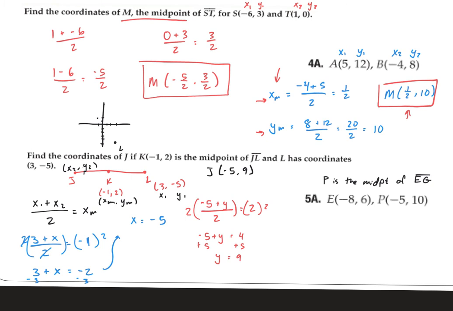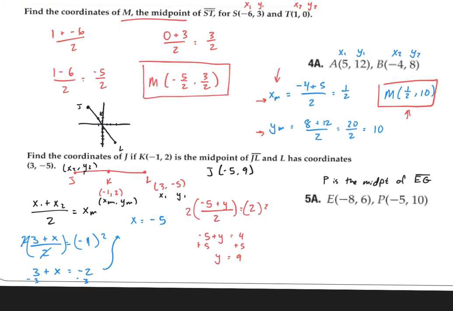All right, there's K, and then J would have been somewhere over here-ish. As our line goes, it would have gone in this direction, and we wouldn't have known quite where J was to finish it off. But now we do.